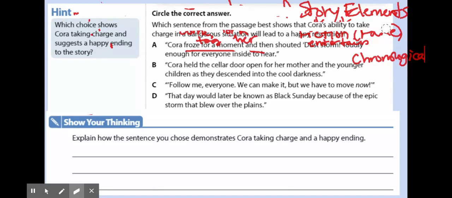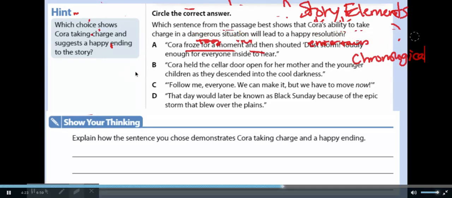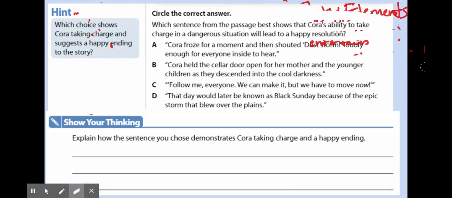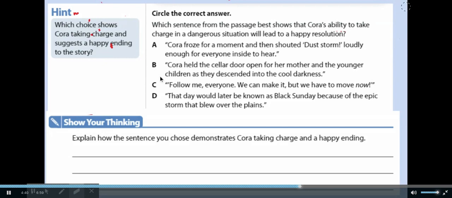Circle the correct answer. Which sentence from the passage best shows that Cora's ability to take charge in a dangerous situation will lead to a happy resolution? So we're going to go through and read our answer choices, and we want to make sure we're underlining some key words from our instructions while we do this.